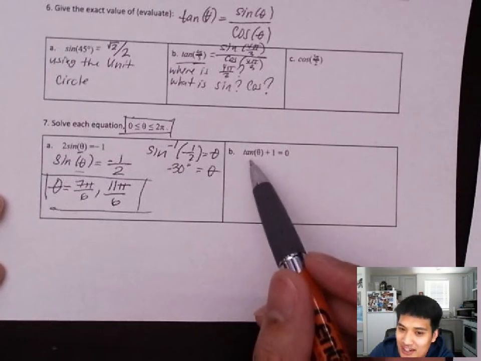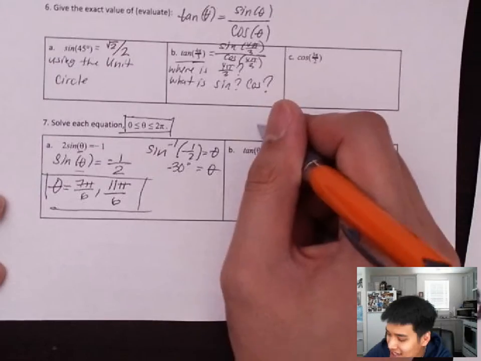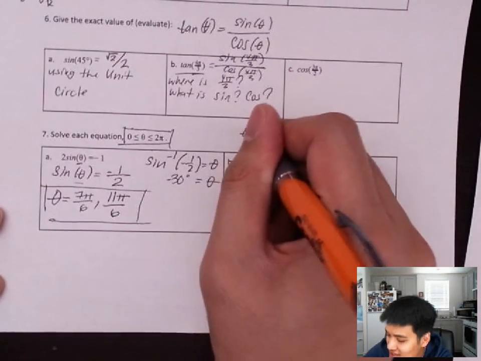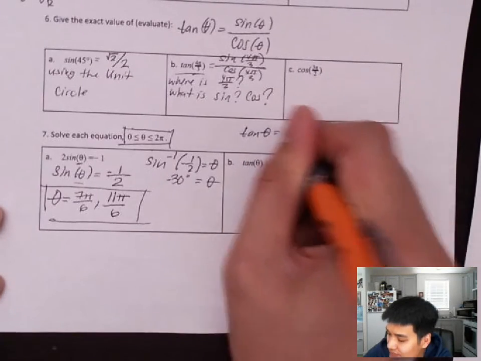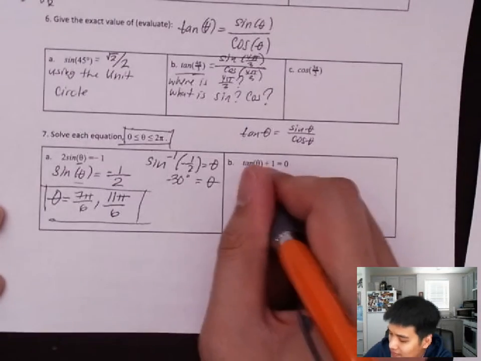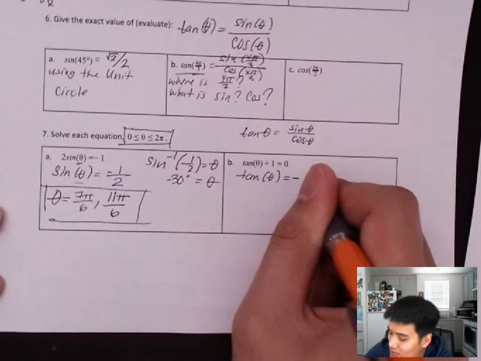Of course, this one here is going to be a little bit more difficult because you have to take into account, just as I mentioned before, tangent is sine theta over cosine theta. So here I have tan theta is equal to -1.